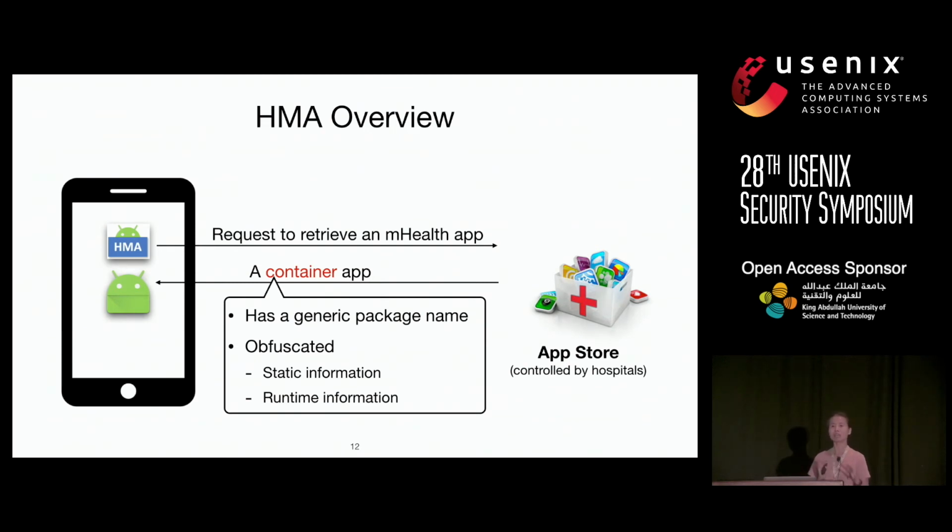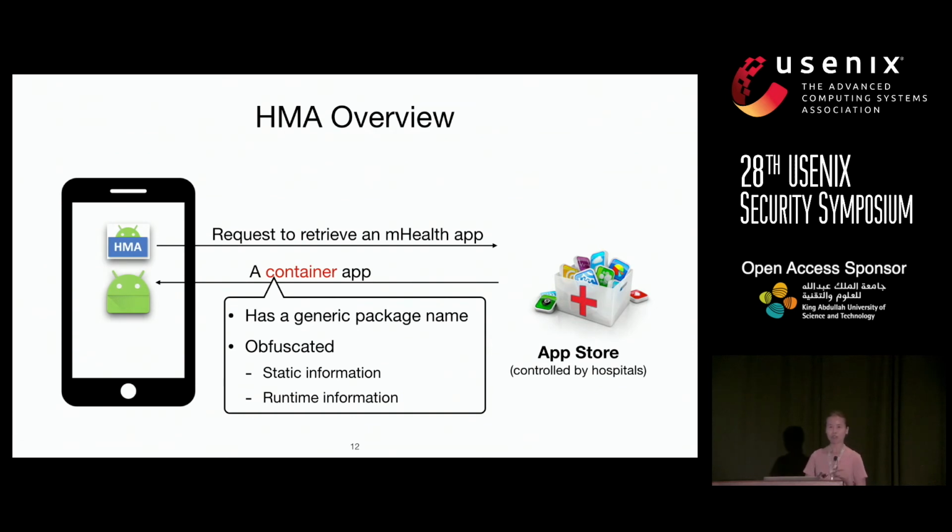And blindly applying app virtualization to the problem of hiding apps would still leak information about the sensitive apps. The leaked information can be static information and runtime information. I refer you to the paper for a complete analysis of the information leakages and the obfuscation.